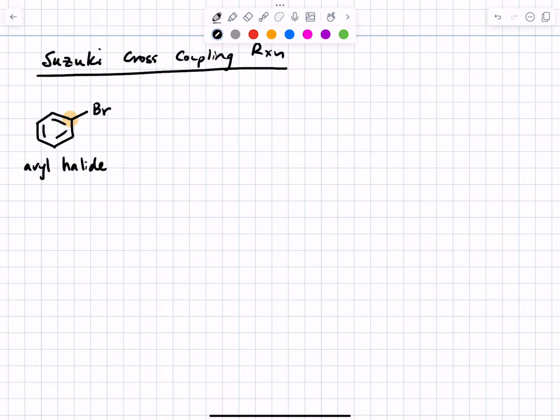Then the other partner is an unusual functional group that you haven't necessarily encountered yet, either a boronic acid or a boronic ester. What that is, it's a carbon bonded to a boron where the boron is also bonded to two oxygens.